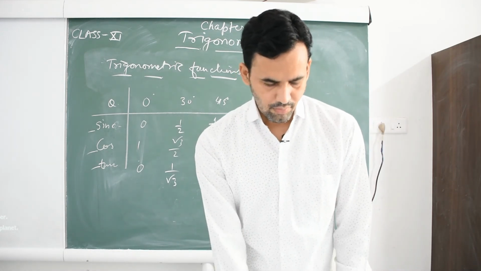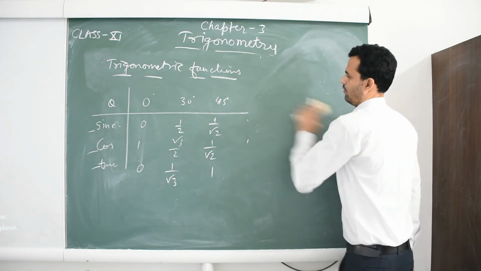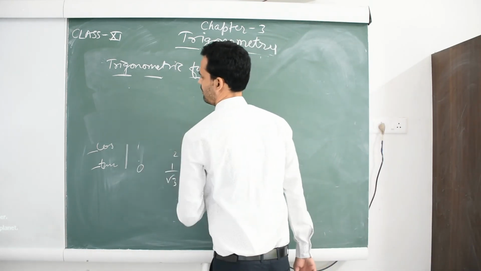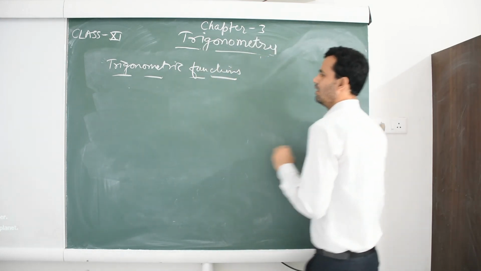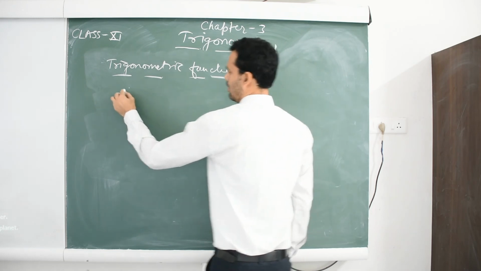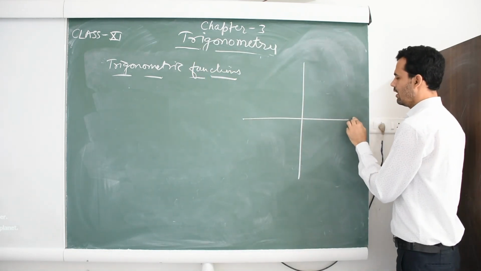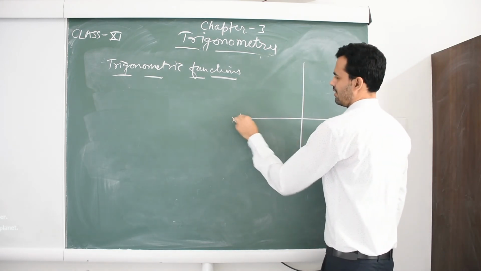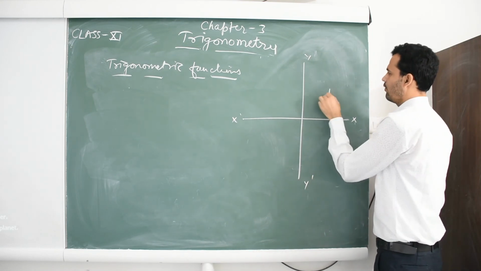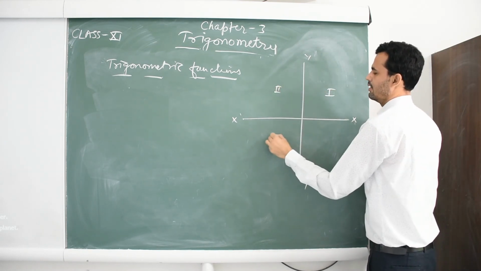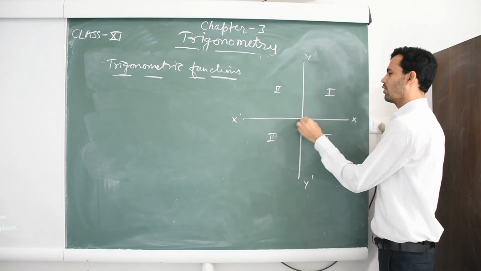Now next, there are 4 quadrants. How many quadrants in a graph? There are 2 axes, x and x dash, y and y dash. So we have 4 quadrants: first, second, third and fourth. You all know these are 4 quadrants.